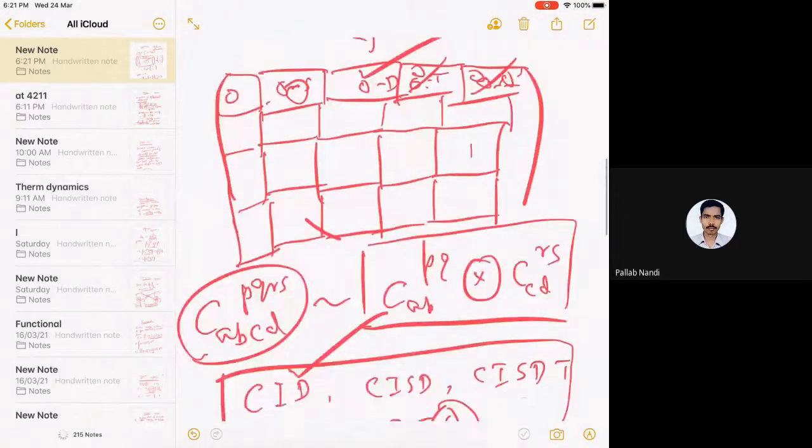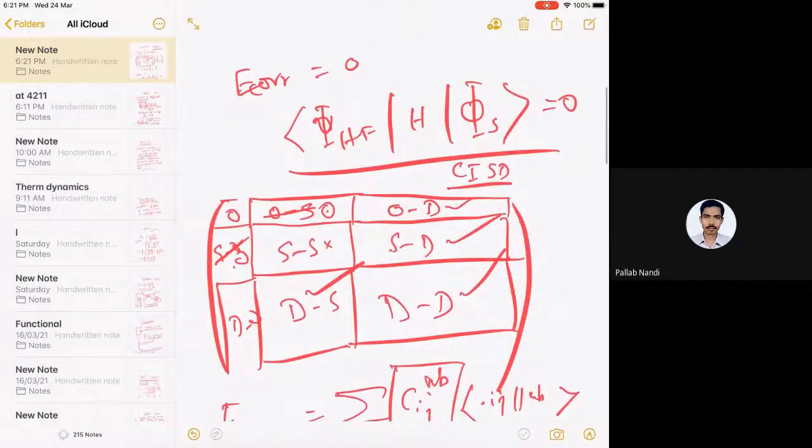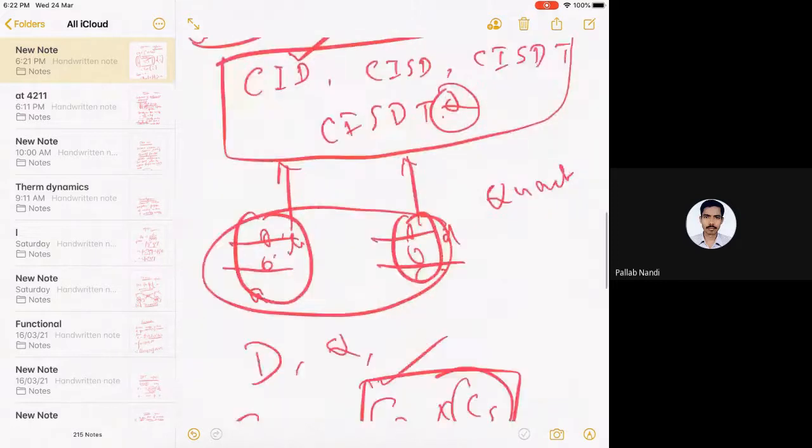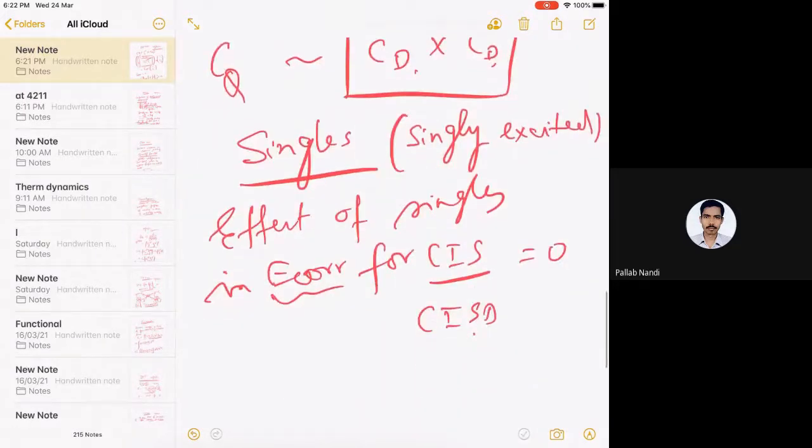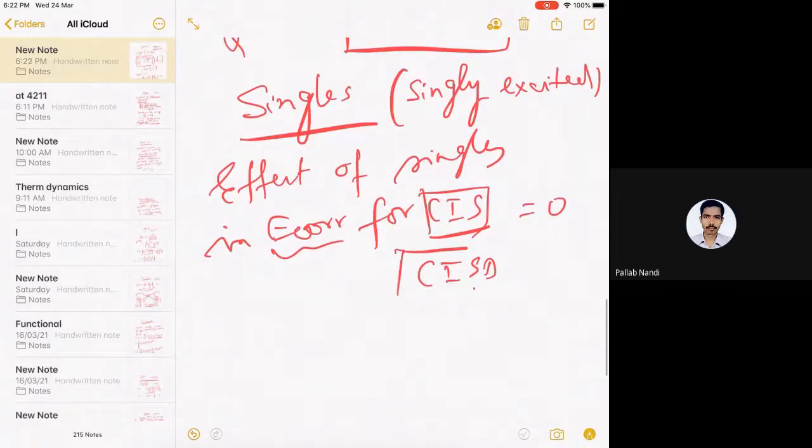Because there are doubles, and these doubles are affected by the singles. So there is a higher order change due to the doubles. So singles will affect the result. So it is not right to say the effect of singles is zero. Effect of singles is zero only when you do CIS. When you do CISD, there is a small effect.